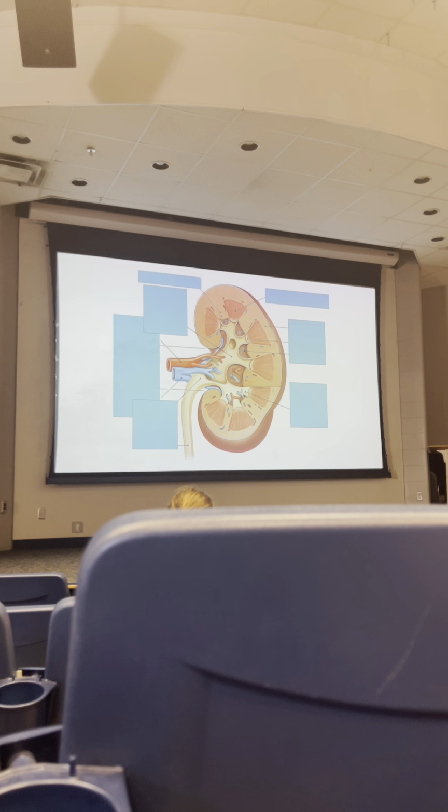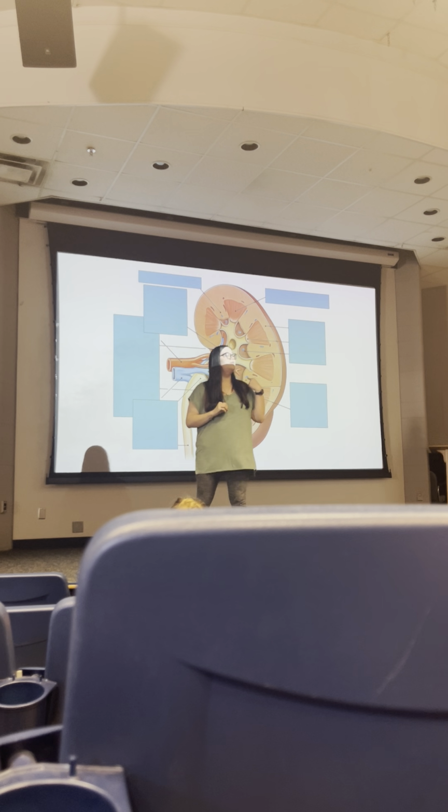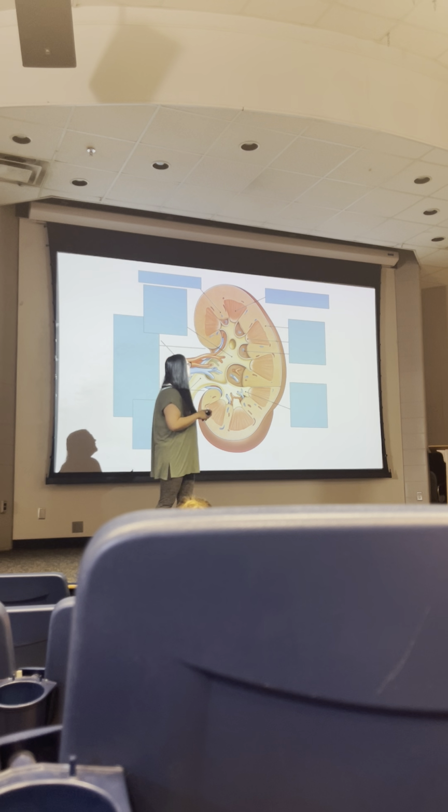Now, what's the most important thing we can find in the cortex? All of this stuff, we'd have to look microscopically, but why do we care about the cortex of the kidney? It's where, and this is how we filter urine, that's the very beginning portion of filtering our blood.